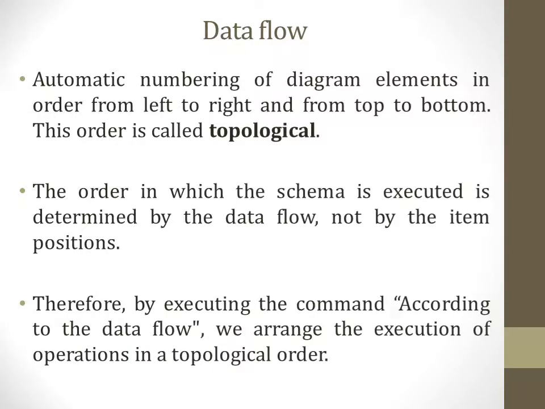Therefore, by executing the command according to the data flow, we arrange the execution of operations in topological order. So this is the main method of how we can create topological order.